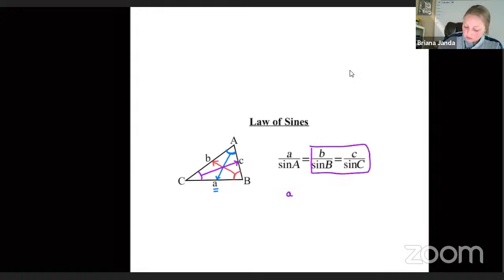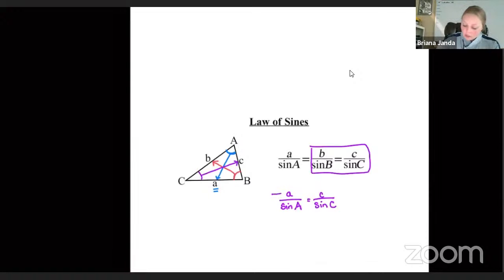So you could do side a over sine of A equals side c over sine of angle C. It doesn't matter. You'll always use two of them to set up a proportion. As long as it is the side across from the angle in the denominator, you have set it up correctly. Any combo of those three proportions will be a true equation.